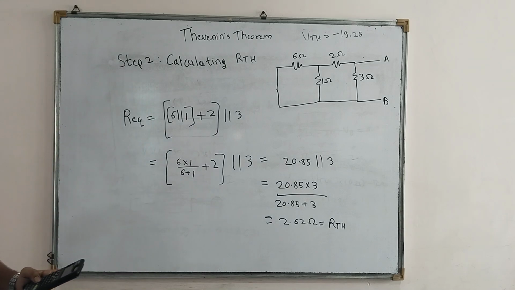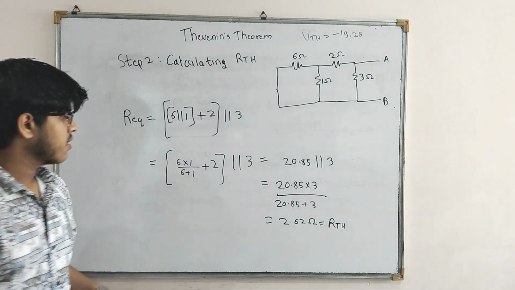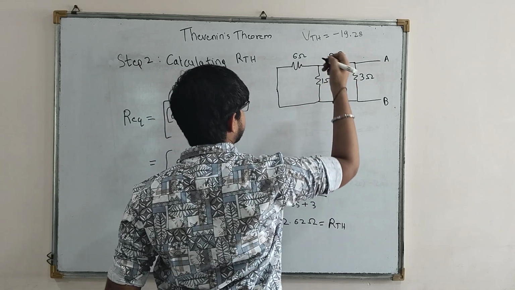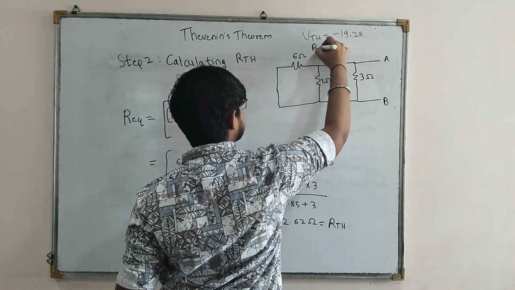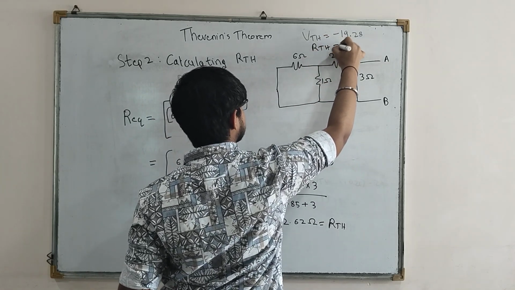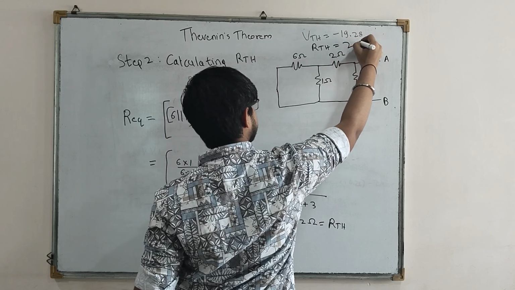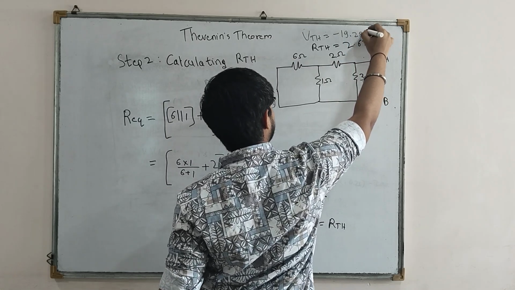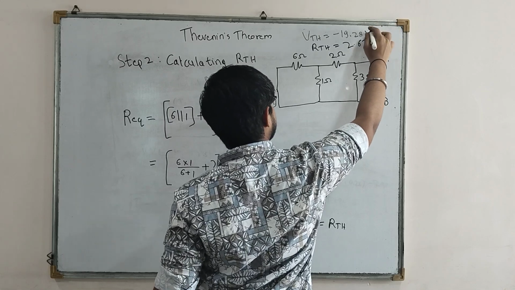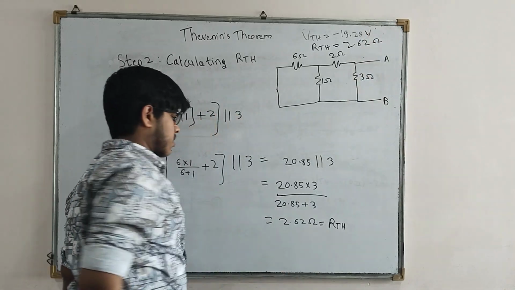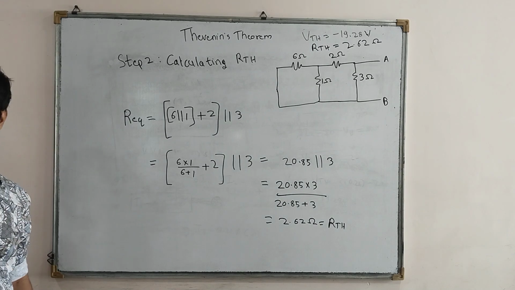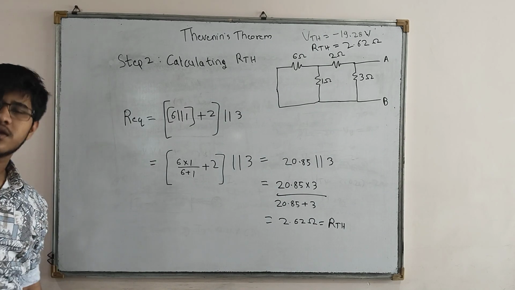Okay, so correct. Now I will just write this value again on the top so that I can refer to it. RTH is 2.62 ohm. Okay, so please note this down. I will rub this and we will move on to our step 3.